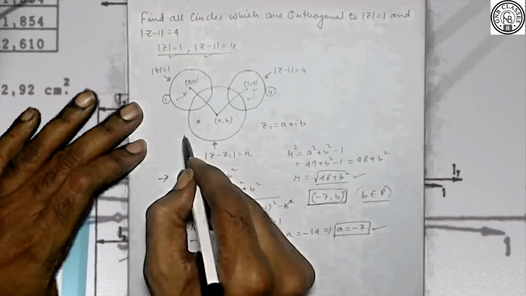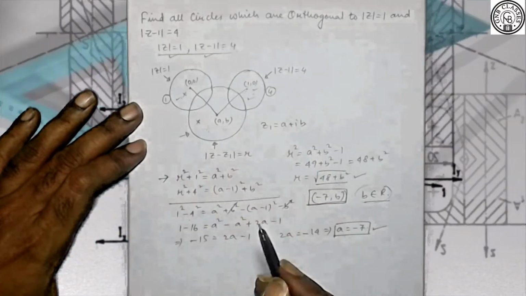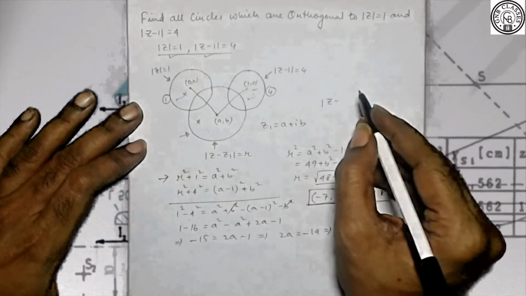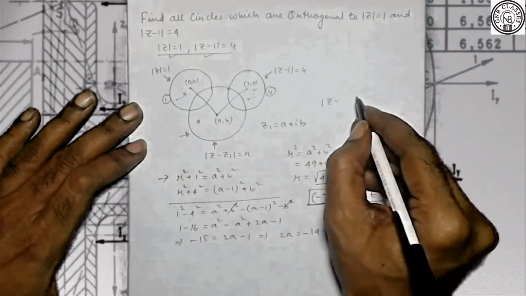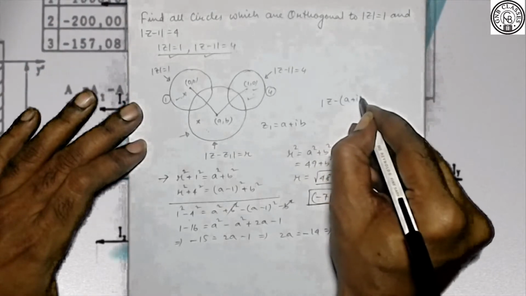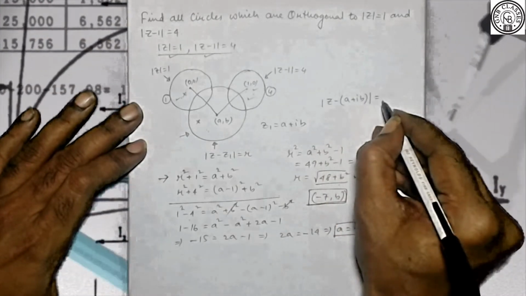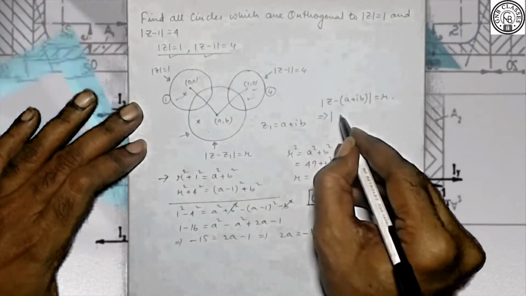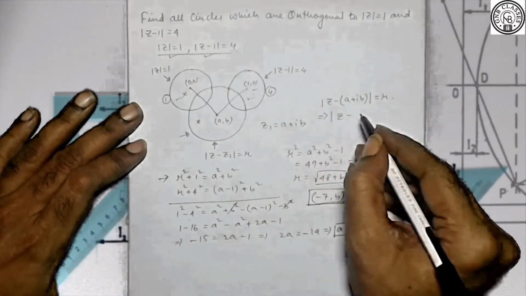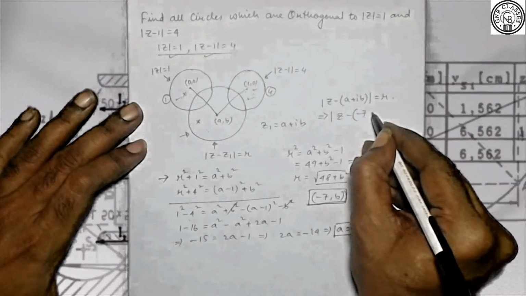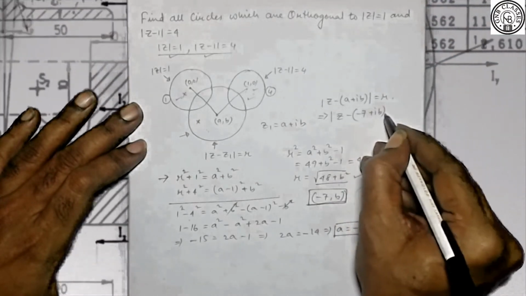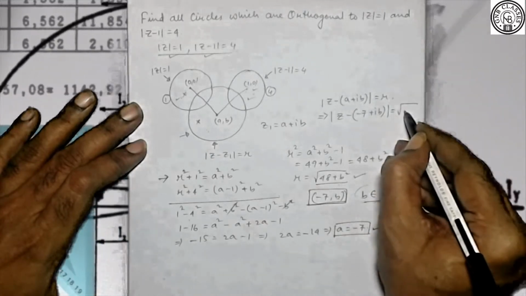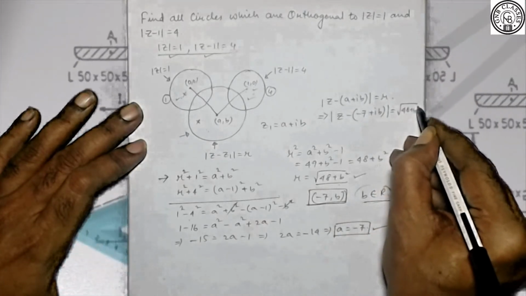So we are going to have different circles which are orthogonal to both these circles. Therefore, the required equation of those circles is mod of z minus (minus 7 plus iota b) equals the radius r, which is nothing but under root 48 plus b square.